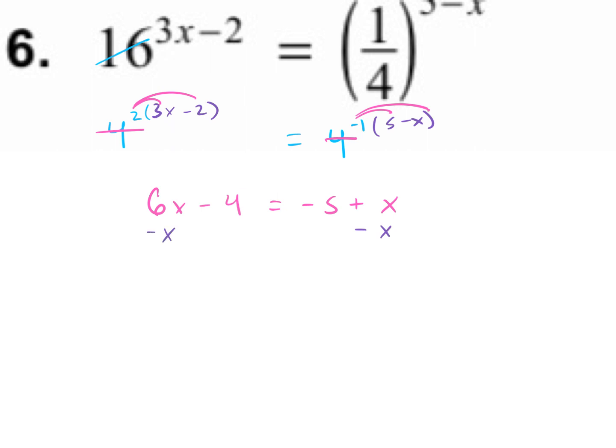Solve for x. So we combine our like terms. So 5x is equal to negative 1. So we subtracted x and added 4 and divide by 5. So x equals negative 1 over 5.